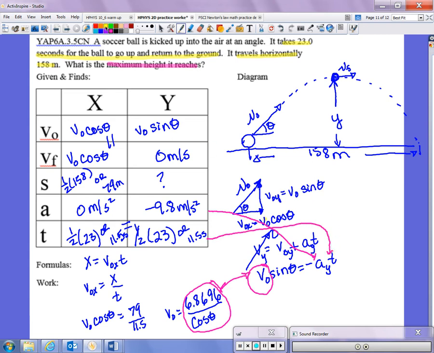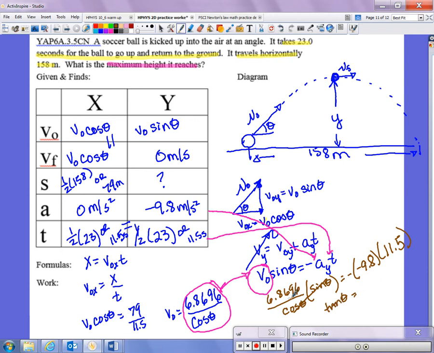So let's plug this all in together, and I'm going to change colors just so it's clear. So I have 6.8696 over cosine of theta times the sine of theta is equal to minus negative 9.8 times 11.5. I want to remind you that this came out to be the tangent of theta.